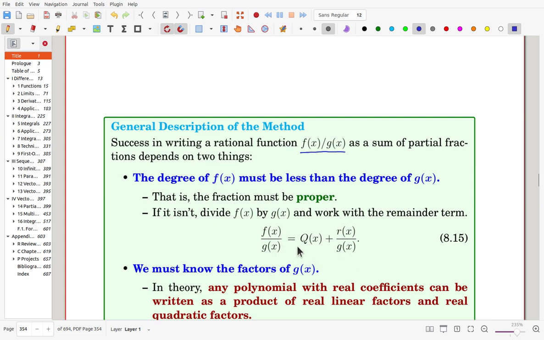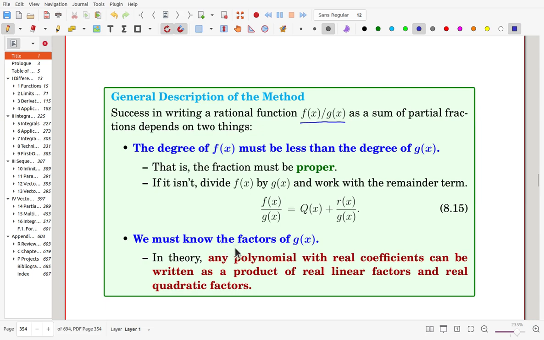F over g is now q plus r over g. R is the remainder and q is the quotient. The quotient is a polynomial, so you can easily get its integral. And for the remainder term, you can apply the method of partial fractions.